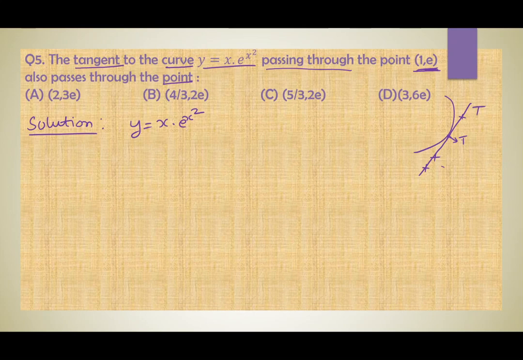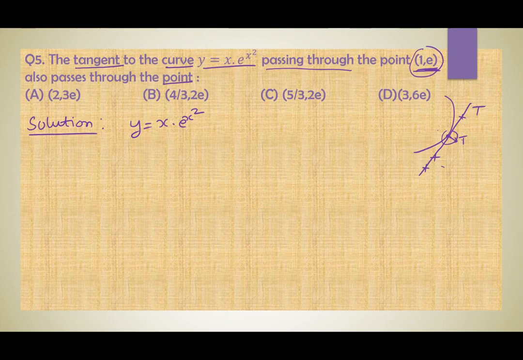But if I substitute this point (1, e), which is given to us, in the equation of the curve, and by chance it satisfies the equation of the curve, then I can say that this is a point on the curve as well as on the tangent. So this point has to be the point of contact. I hope this explanation is clear.